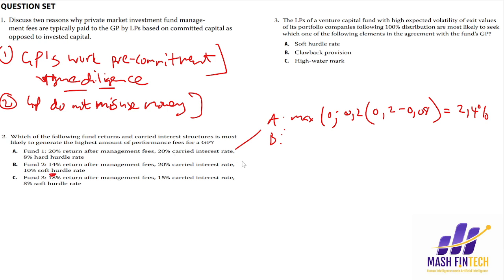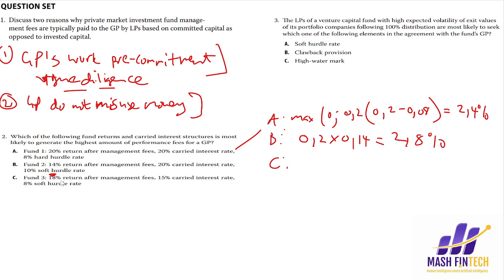Once the return exceeds the soft hurdle rate of 10%, and this has been exceeded with 14% here, the return is basically the total return of 14%. So it's 0.2 times 14%, which is 2.8%.